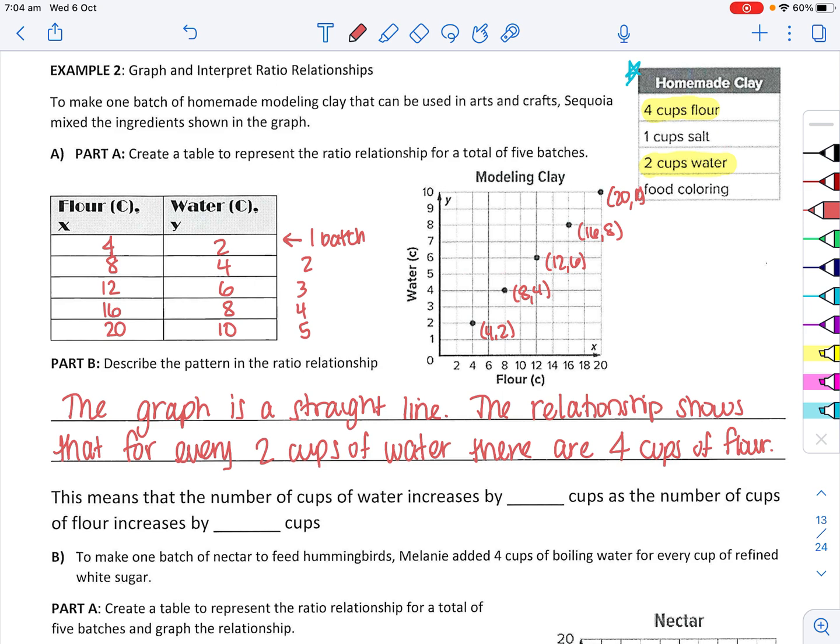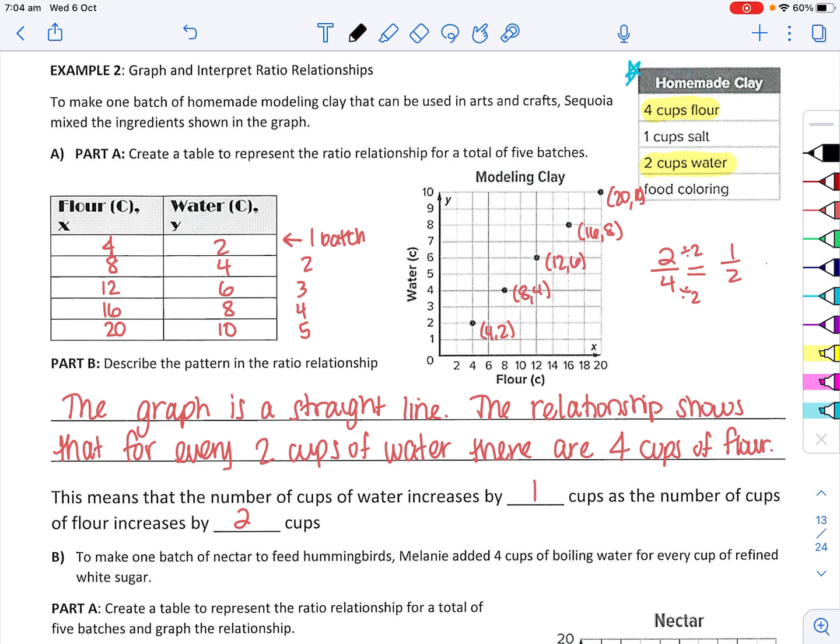And what they want in this part is, if my ratio is 2/4, what is that simplified ratio relationship? So here I'm going to divide both the top and the bottom by 2, and I get 1/2. So as the number of cups of water increases by 1, the flour increases by 2.